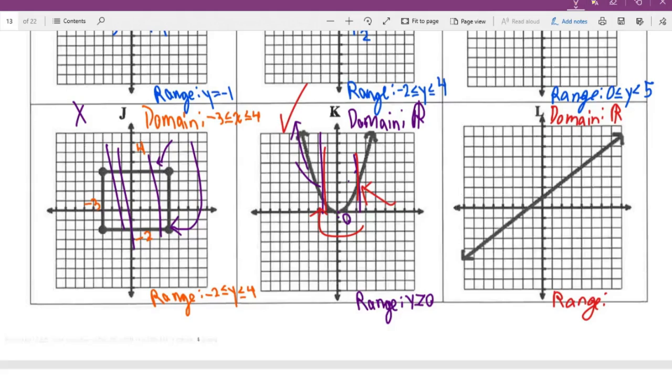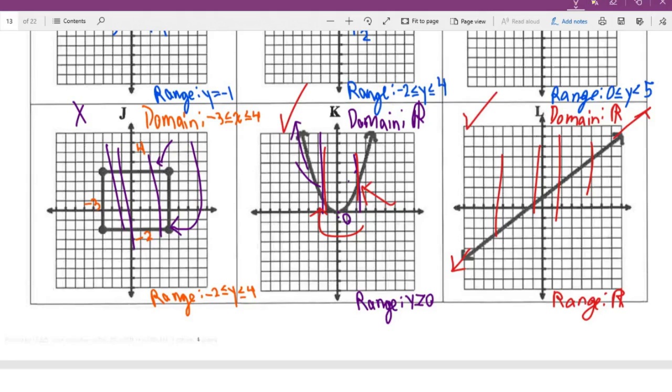It's going to touch every possible y value. So that means that our range is also all real numbers. Vertical line test, every line we draw only touches this graph at one point. So that means that L is a function.